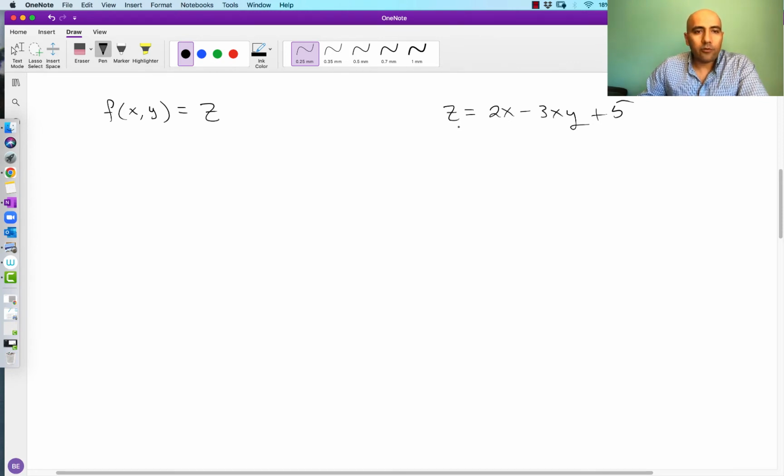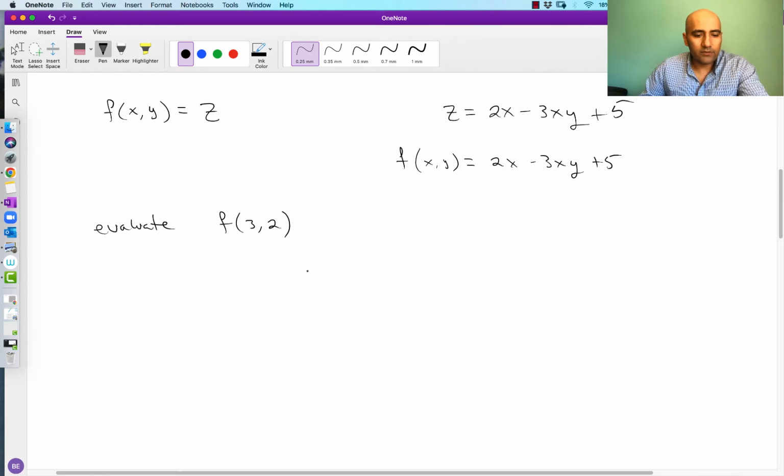And just like before with function notation, we can then restate this as the function f of x comma y equals 2x minus 3xy plus 5. Okay. Paying attention to the order in which these independent variables are listed is important. Because when you're prompted to do something, you're going to be asked things like this, like evaluate f of 3 comma 2.